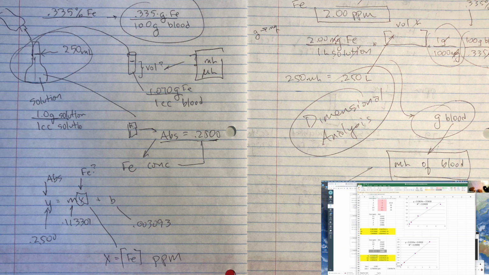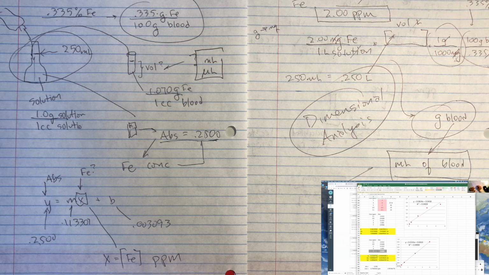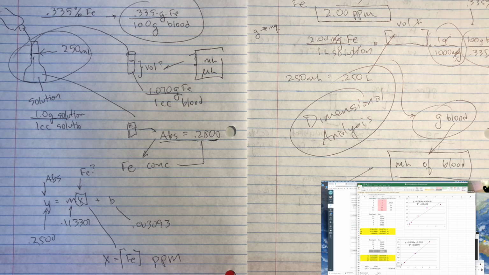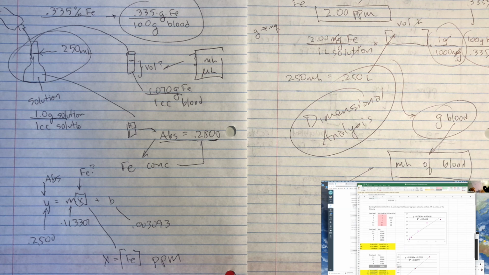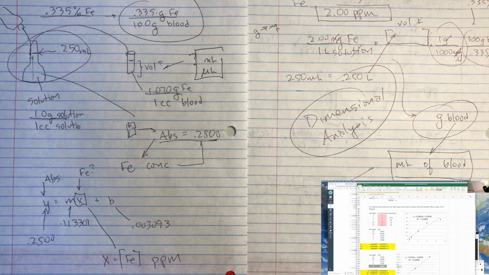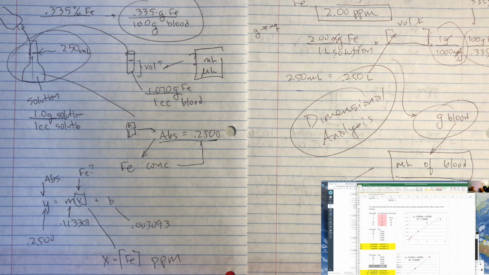I need y to be 0.250 because that's going to be my absorbance. I need to figure out what concentration of iron I need. So if you have this equation, y equals mx plus b, and you have the slope and the intercept, and you know what absorbance you want, then you can calculate what concentration of iron you need. That's basically what that is, and according to your graph, it is going to be in parts per million.